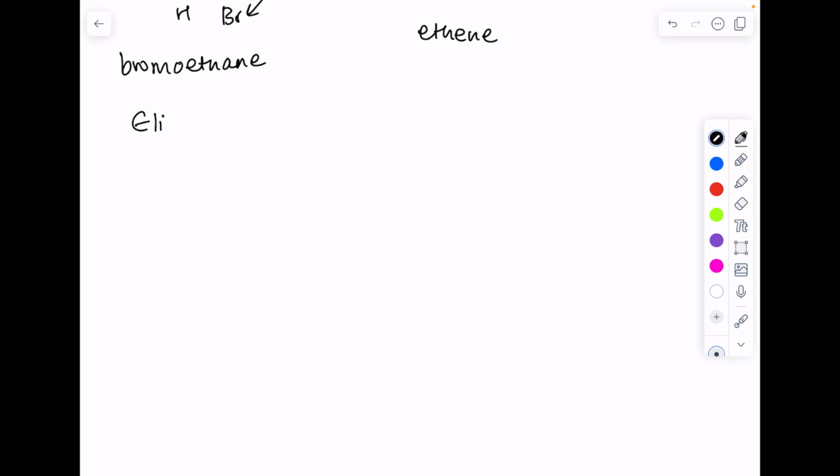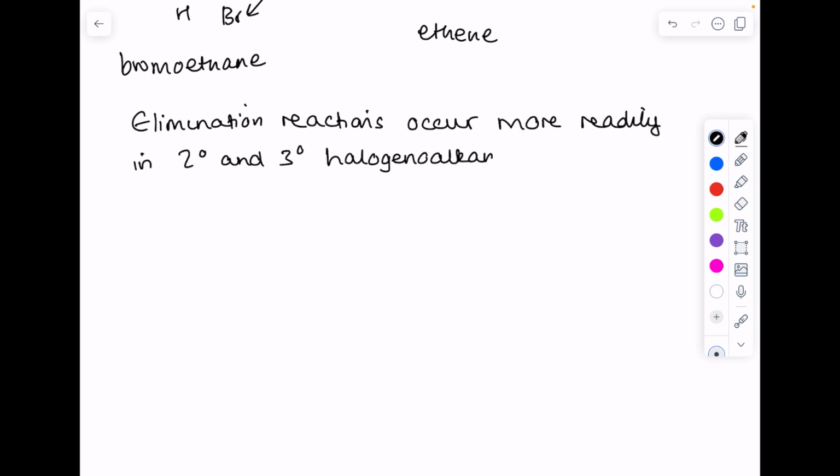Now these elimination reactions occur more readily in secondary and tertiary halogenoalkanes. Remember, a secondary halogenoalkane is when your carbon is attached to 2 carbons, and a tertiary halogenoalkane is when that central carbon is attached to 3 carbons. So elimination reactions are far more likely with secondary and tertiary halogenoalkanes.